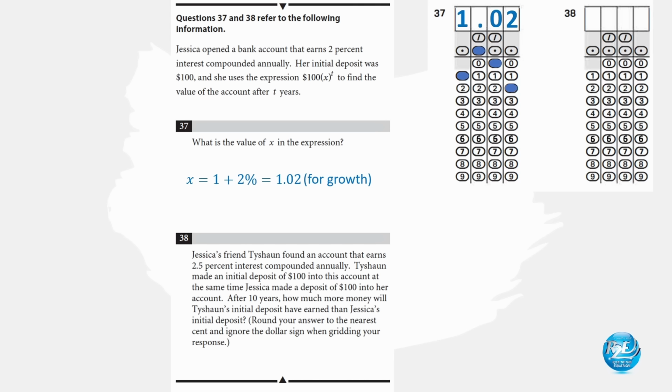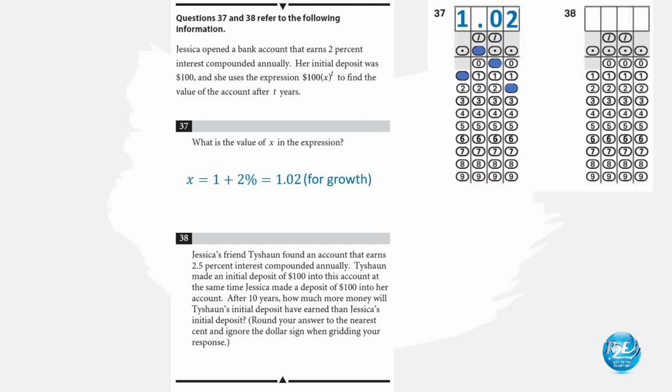Now let's read 38. Jessica's friend Tyshawn found an account that earns 2.5% interest compounded annually. Tyshawn made an initial deposit of $100 into this account at the same time Jessica made a deposit of $100 into her account. After 10 years, how much more money will Tyshawn's initial deposit have earned than Jessica's initial deposit?